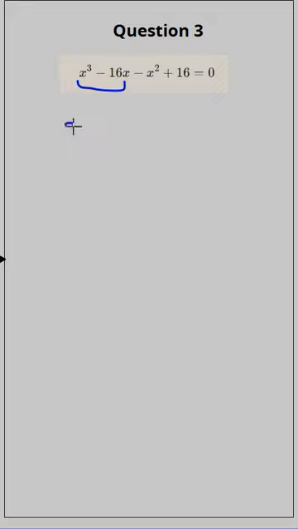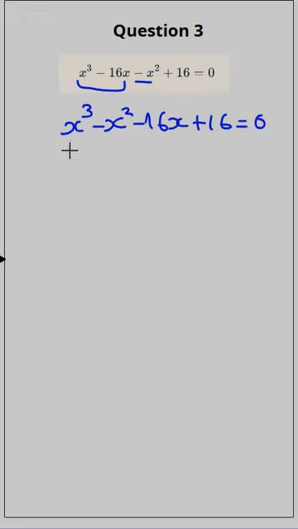So to rearrange it, first of all we will write x to the power of 3, then we will write this first minus x squared, then we will write minus 16x, then we will write plus 16 equals 0.